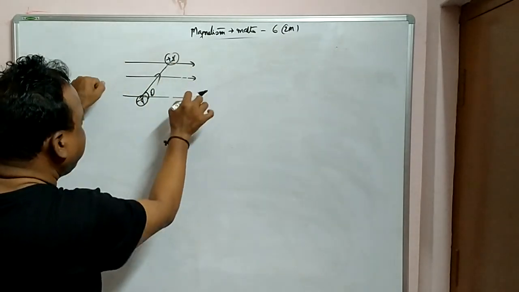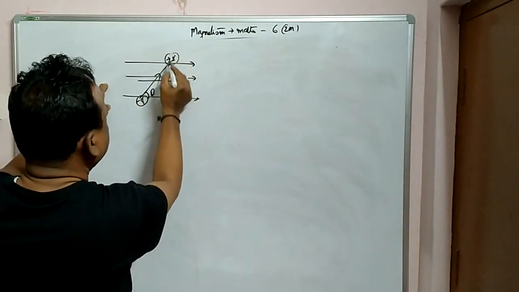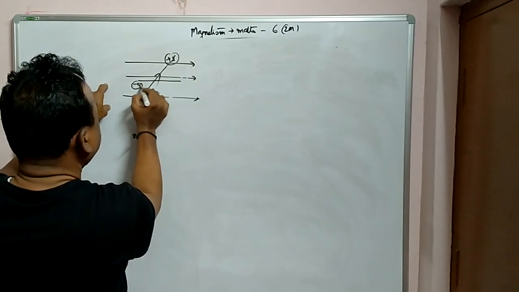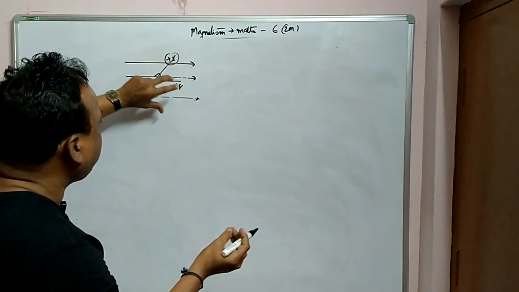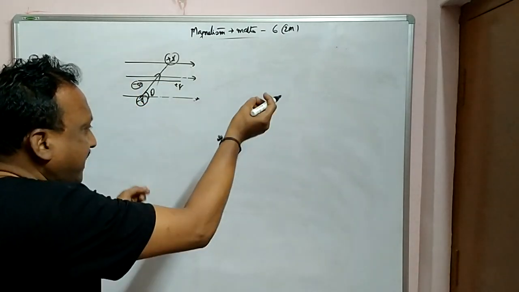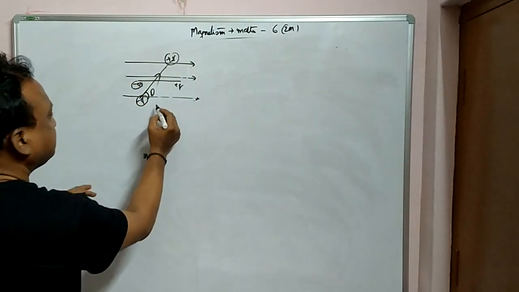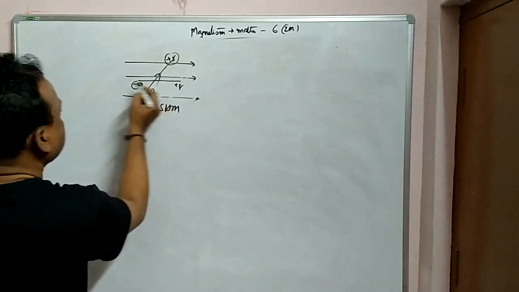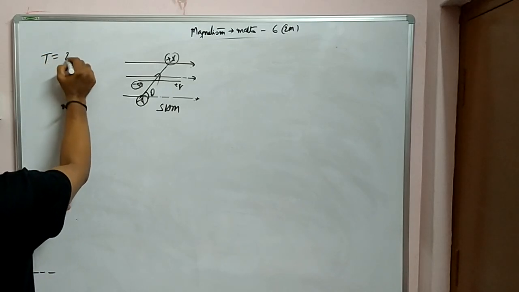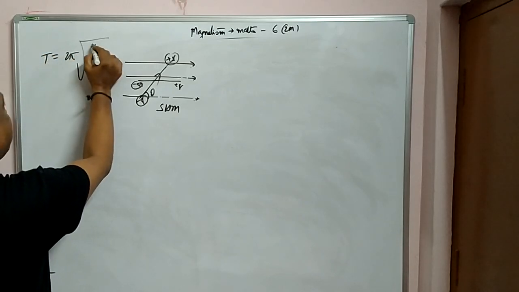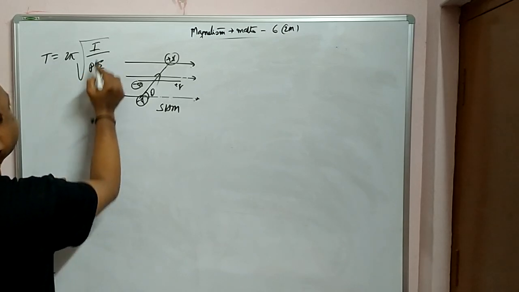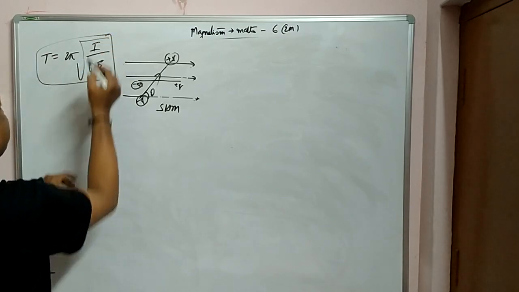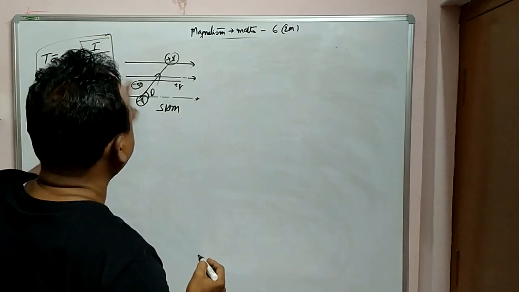Suppose it tries to bend in this direction, and a small movement is made. What happens? It will make small oscillations, SHM. So what is the time period in this case? The time period is 2 pi into root over I by PE, where P is the electric dipole moment and E is the electric field.